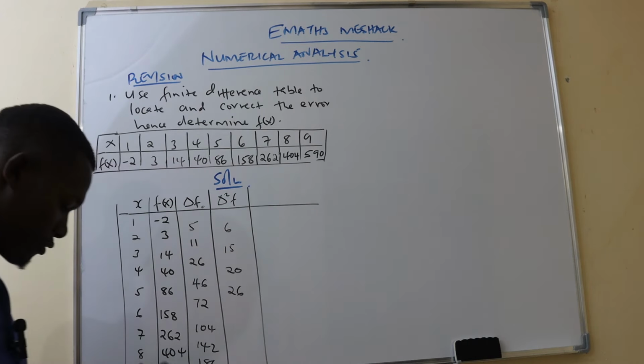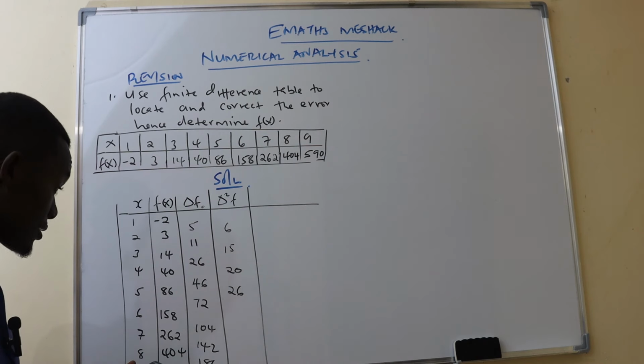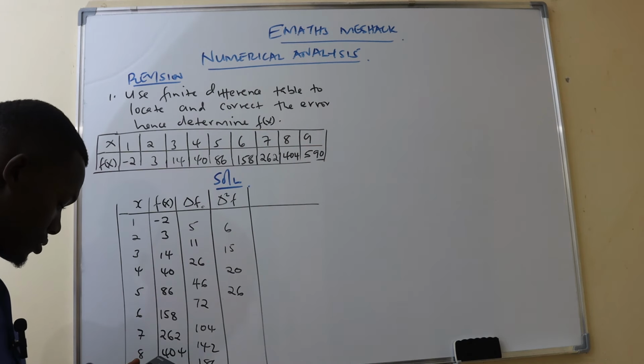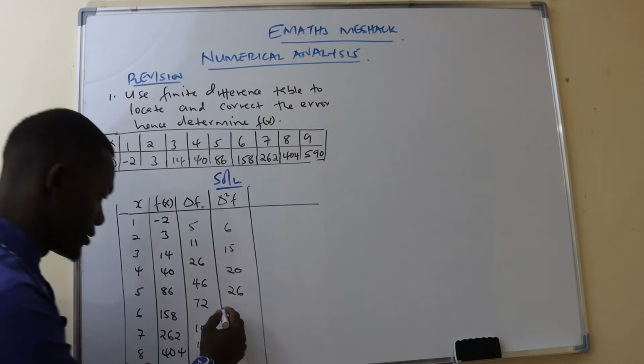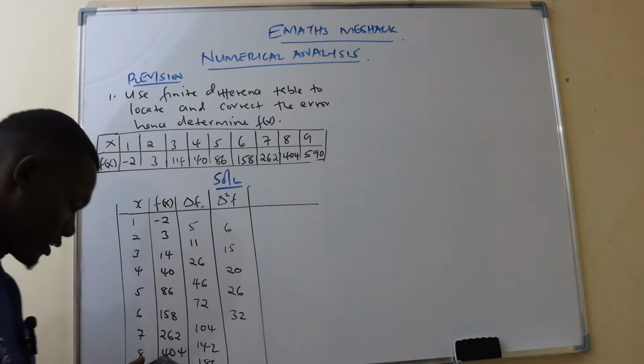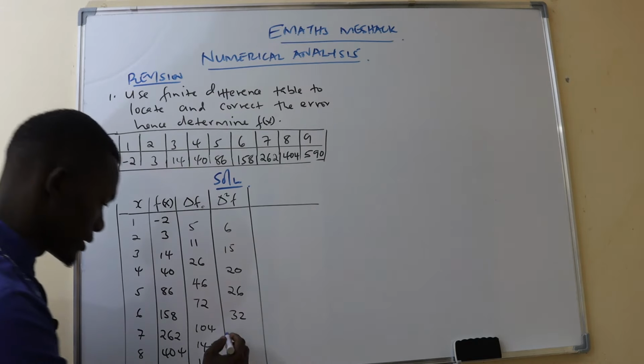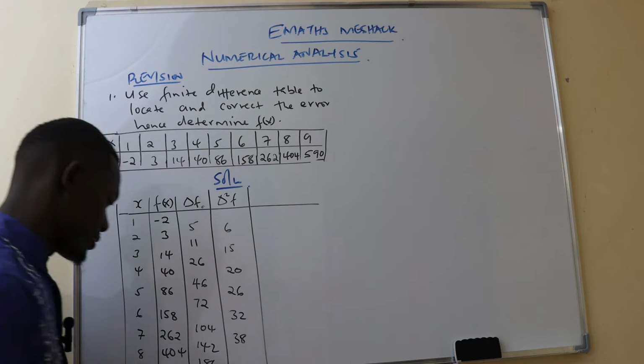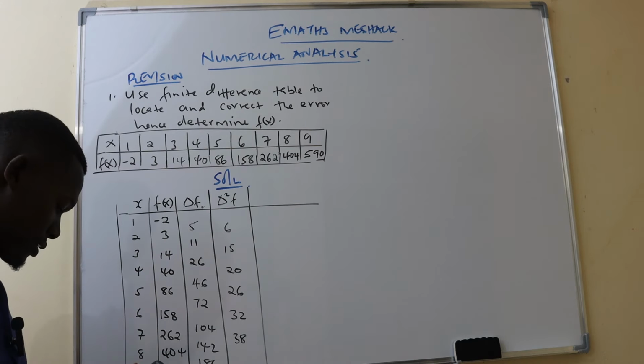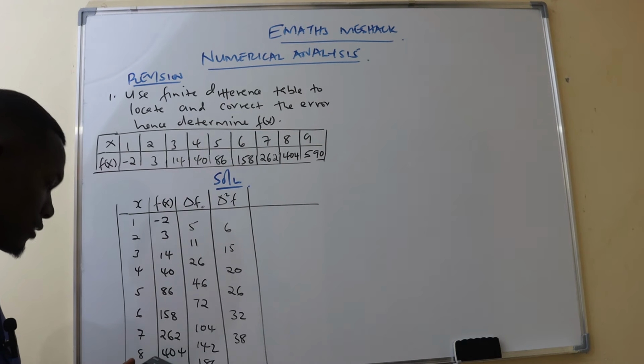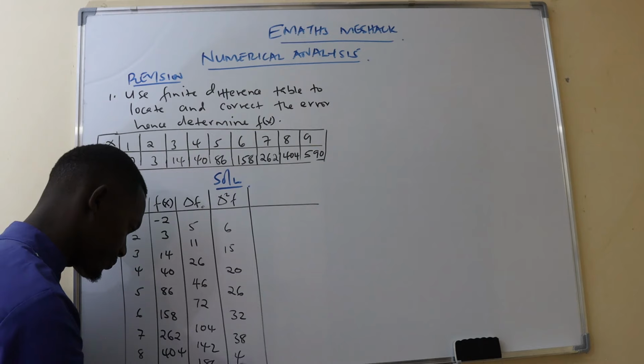Then we have 104 minus 72, so we shall have 32. We shall have 142 minus 104, that will give us 38. Then you have 186 minus 142, which gives us 44.